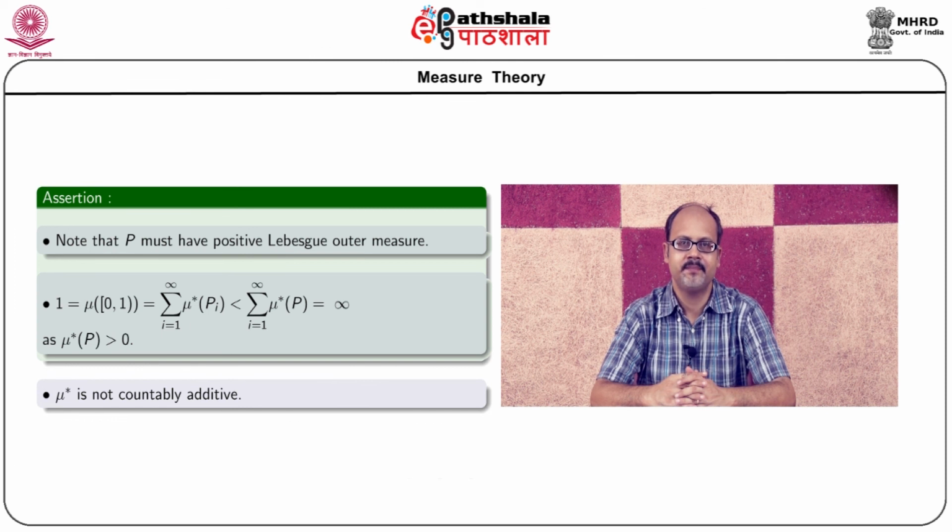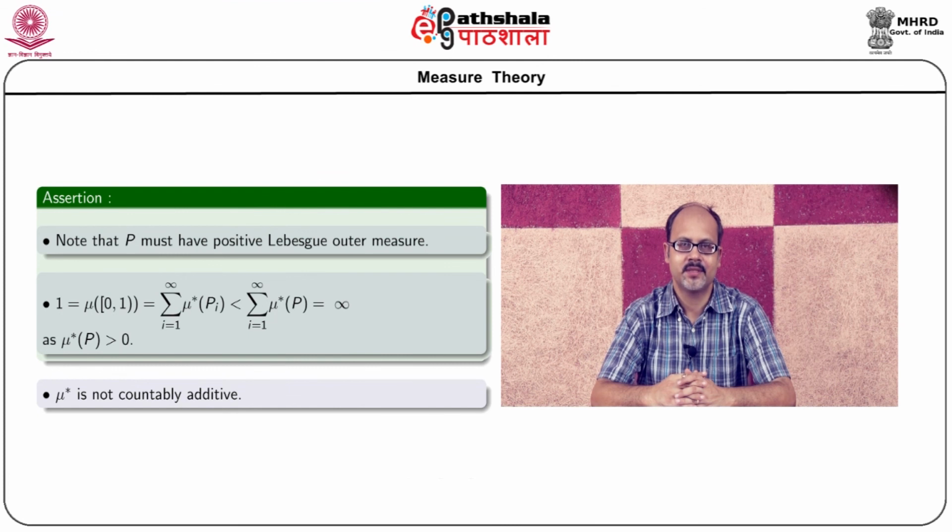So, mu star P should be positive. If mu star P is strictly greater than 0, since mu star of Pi is equal to mu star of P for each i, so mu star of Pi is greater than 0 for all i.